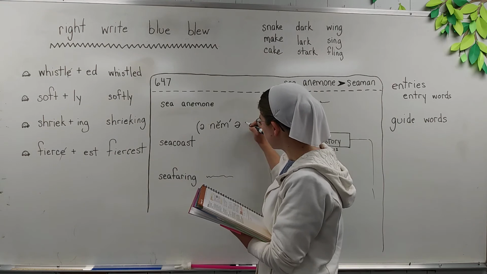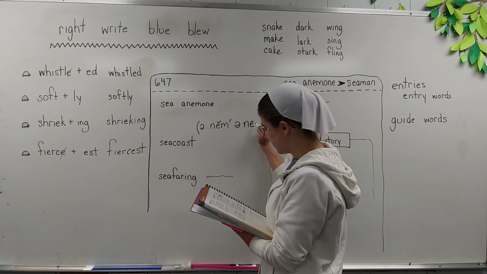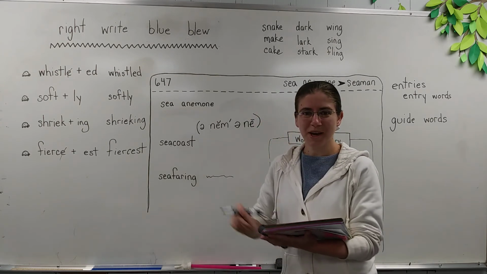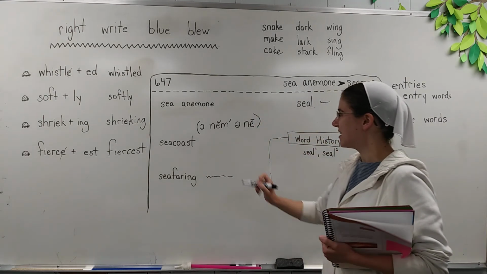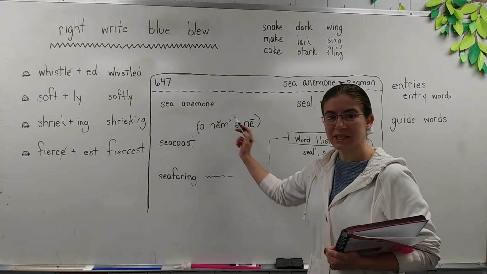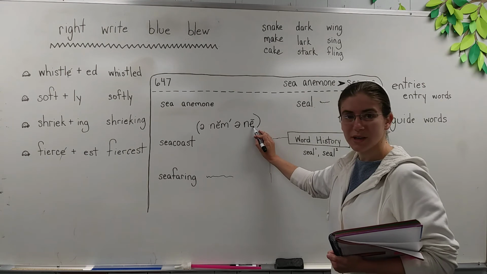Anem, knee. Okay, do y'all see that on your entry page? Anemone. So what does the last E in anemone, what sound does it make? It makes a long E sound.